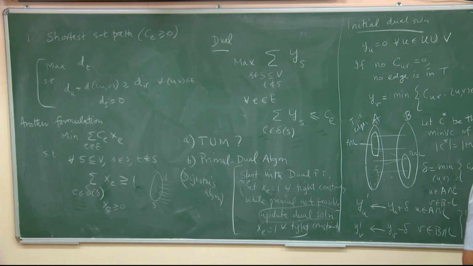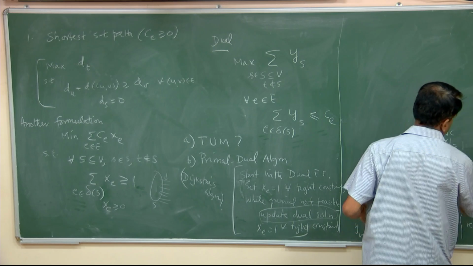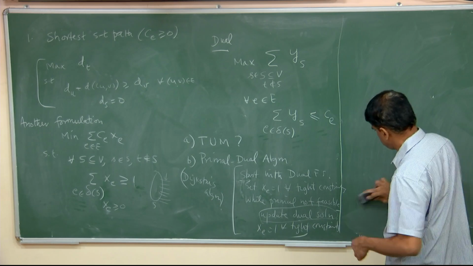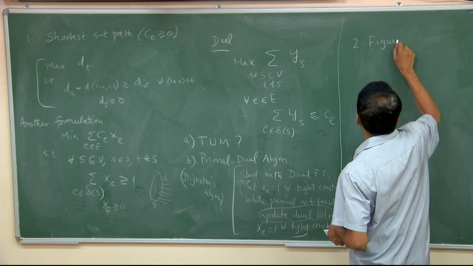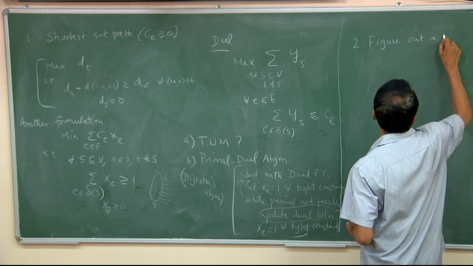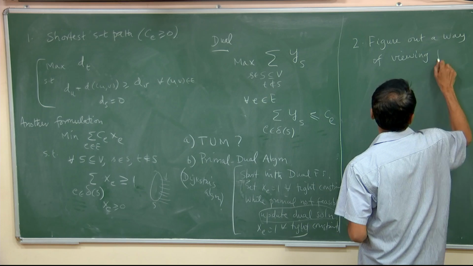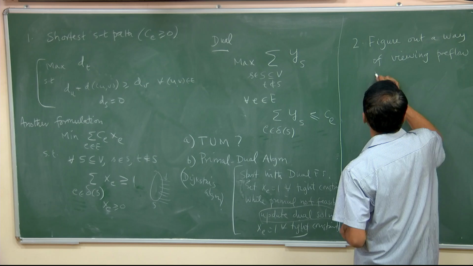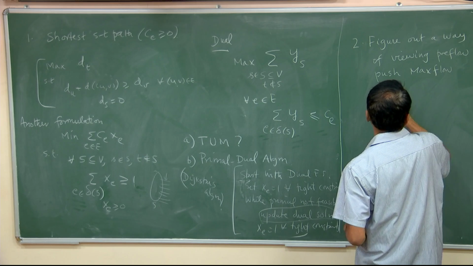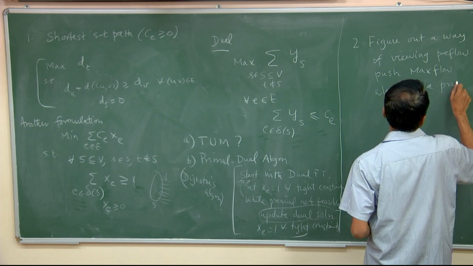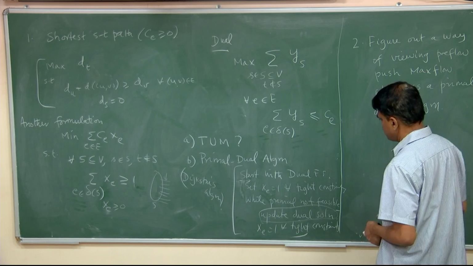So the second exercise I'm going to leave you with is to figure out a way of viewing the preflow push max flow algorithm as a primal dual algorithm, which means that this fits into this paradigm.